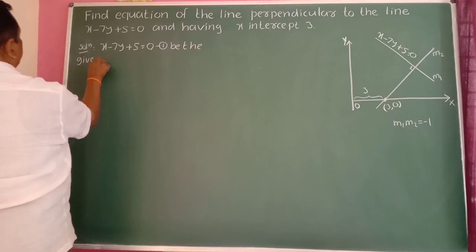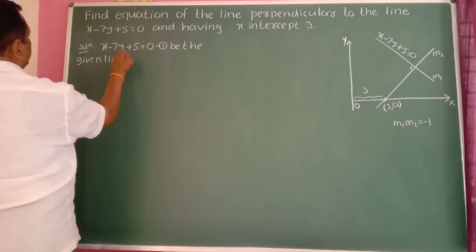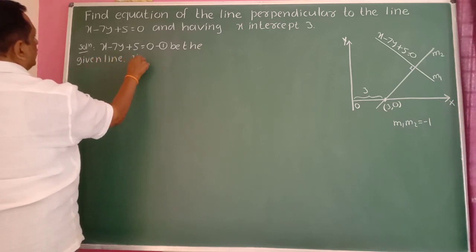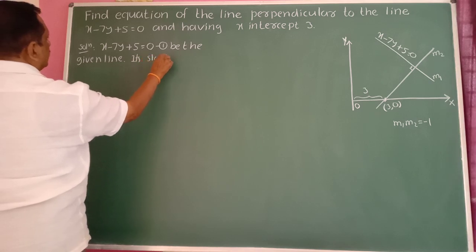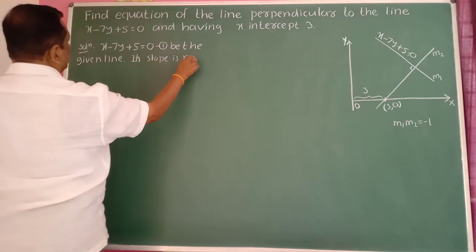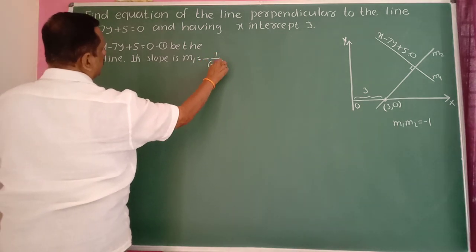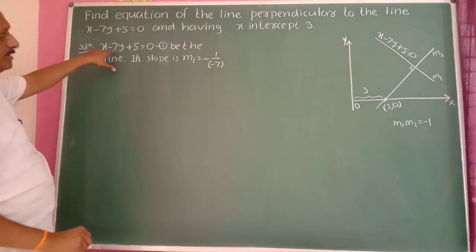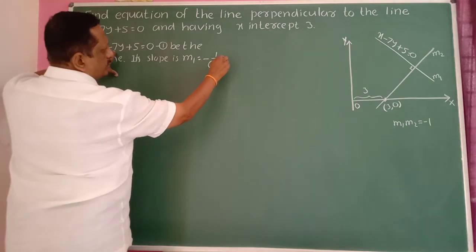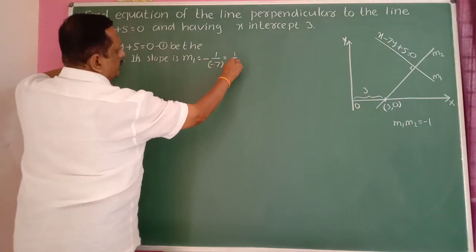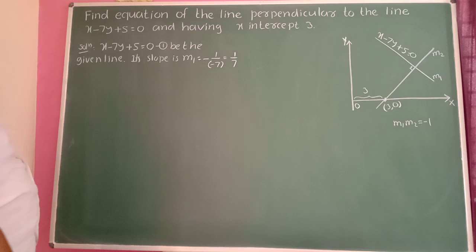Its slope is m1 is equal to minus 1 upon minus 7, so this is 1 by 7.